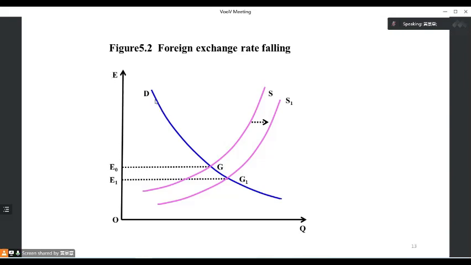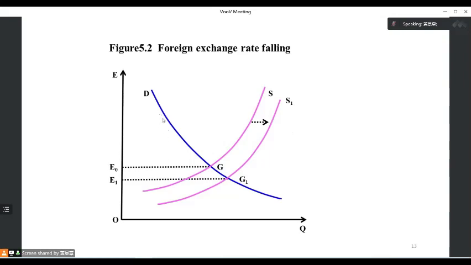And there are three curves in Figure 5.2. The blue curve is called D, and there are two purple curves, S and S1.